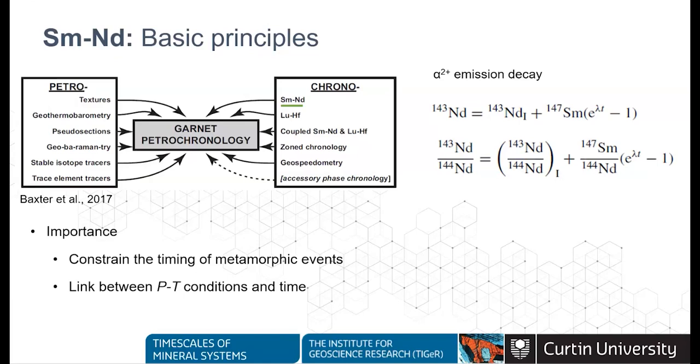So using samarium, lutetium, hafnium, both of them, we can try to calculate, for example, the velocity at which some processes are happening by using geochronology.